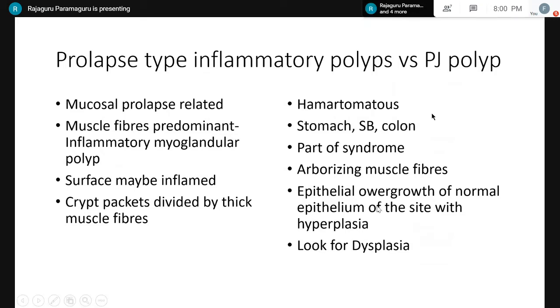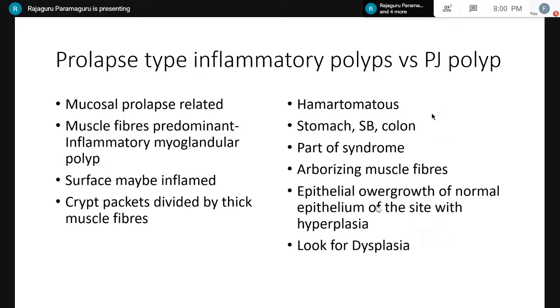The epithelium is just going to be similar to that particular site, be it stomach, small bowel, or the colon. And these pockets of epithelium are just going to be divided by slender, branching, tree-like smooth muscle fibers, and they're not going to divide them with thickened muscle fibers.